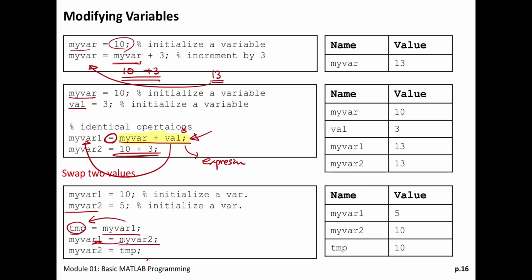That's why the value temporarily stored in the TMP is placed here. So you assign the original value to my variable 2, and then at the end you get this result. The values are swapped. Make sense?